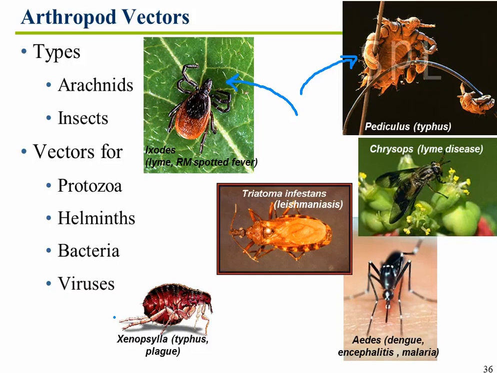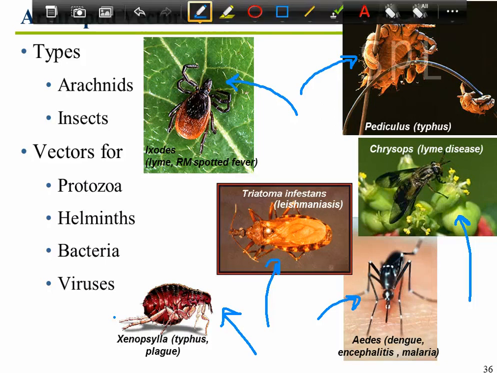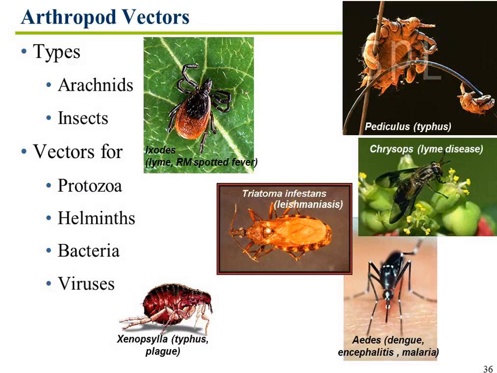And I've told you in parentheses what infections they are related to in transmission. Here's an insect right there, and here's a mosquito, and here's a flea, and a deer fly, carrier of Lyme disease. And again, they can be vectors for a whole variety of pathogens of different kinds. And that's it.